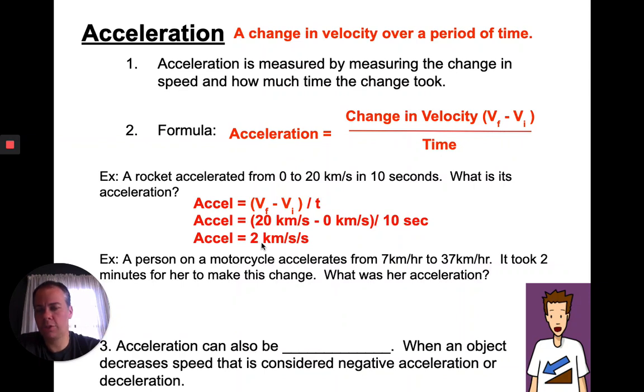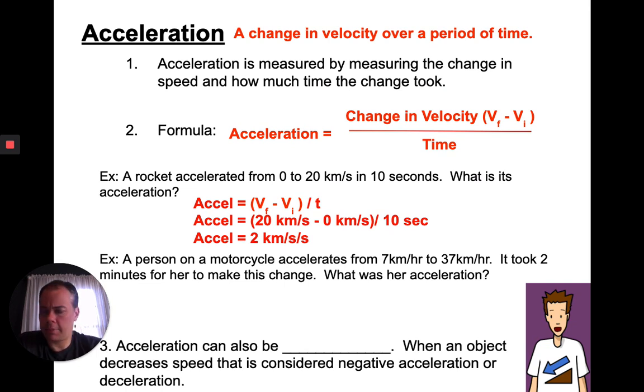And that's where we get 2 kilometers per second per second. There's another way of showing this. Sometimes you'll see this shown as 2 kilometers per second squared. It's another way of showing kilometers per second per second.